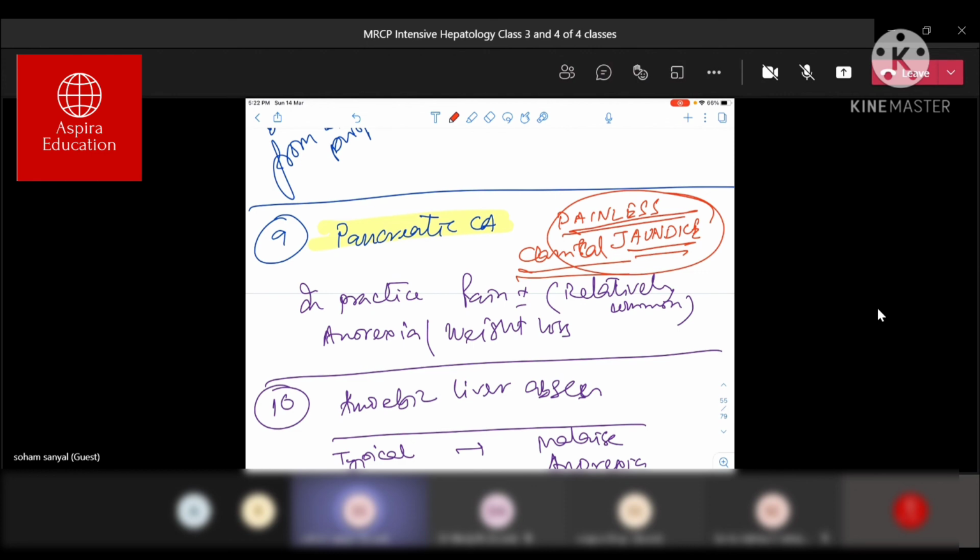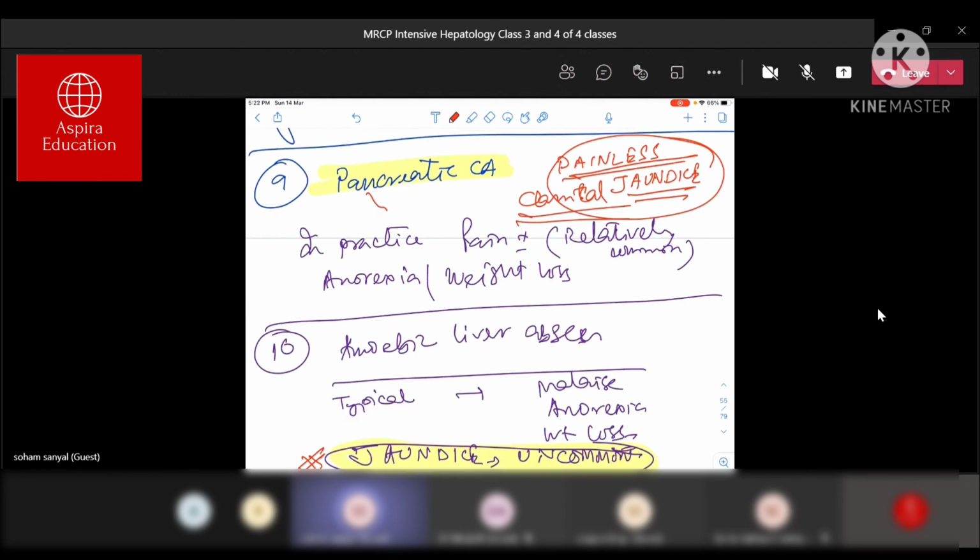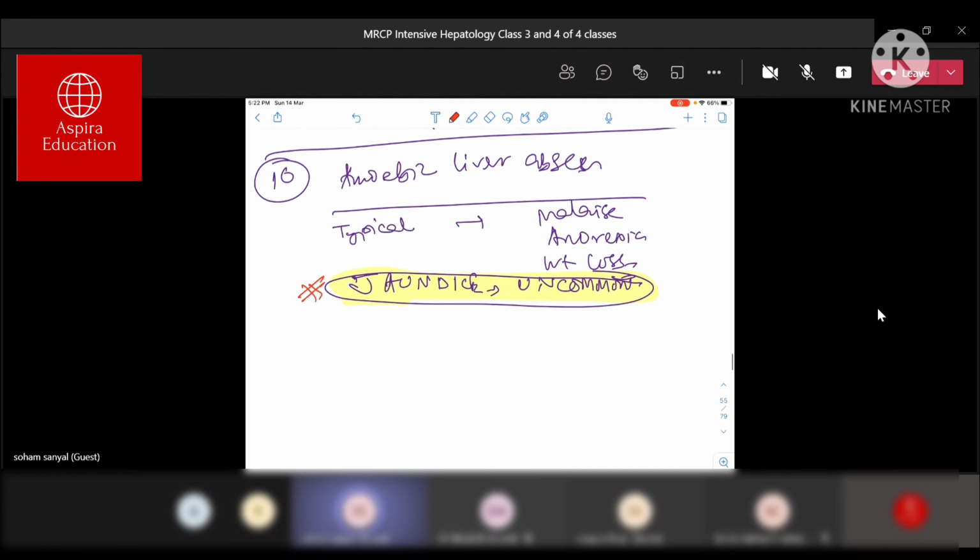And we are coming to amoebic liver abscess. Typically they will talk about malaise, anorexia, and weight loss. But remember, jaundice is uncommon in amoebic liver abscess. This is also very important from the exam point of view. Questions like painless jaundice in pancreatic carcinoma, or absence of jaundice classically in amoebic liver abscess, are important as exclusion criteria.